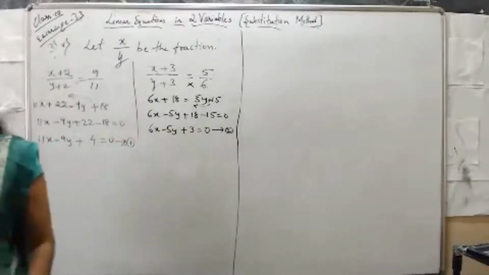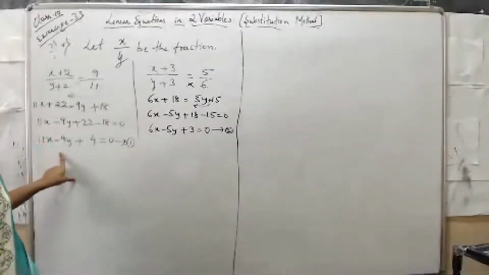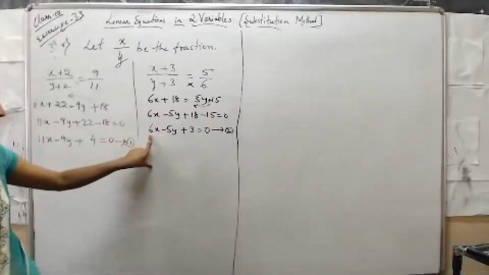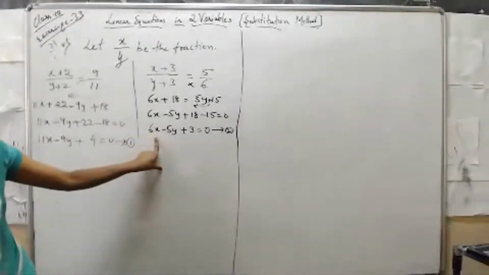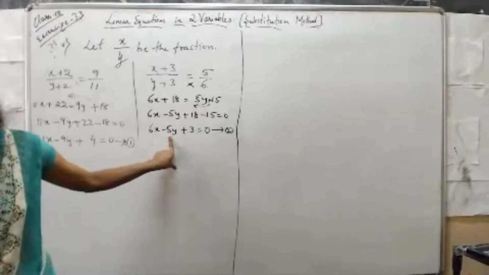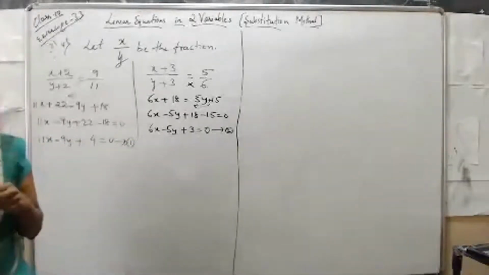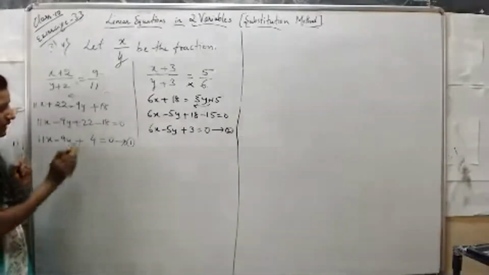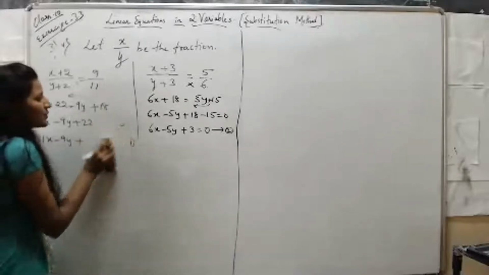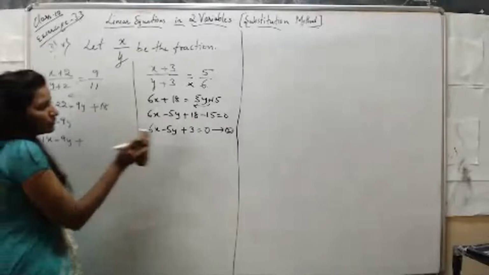Wait, I am checking whether the equations are 11x minus 9y plus 4 is equal to 0 and 6x minus 5y plus 3 is equal to 0. Anyhow, you can write however you want. This is the substitution method. I am taking this 4 to the right side. You can solve like this also, but it will be difficult for you.